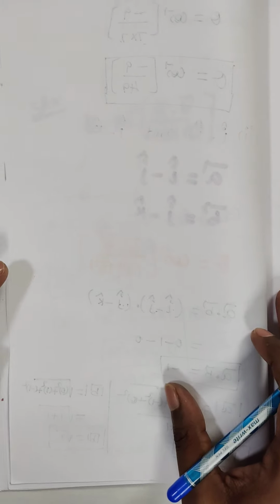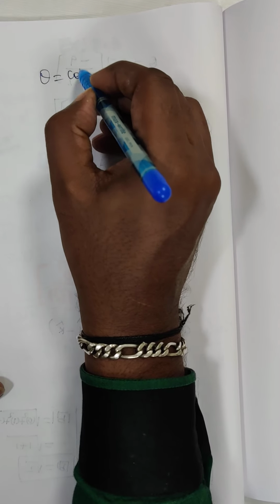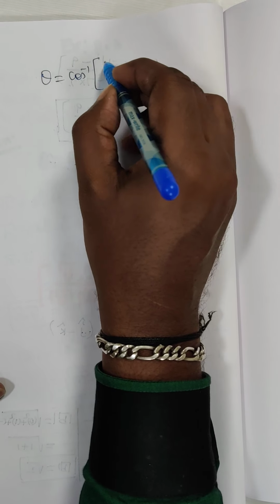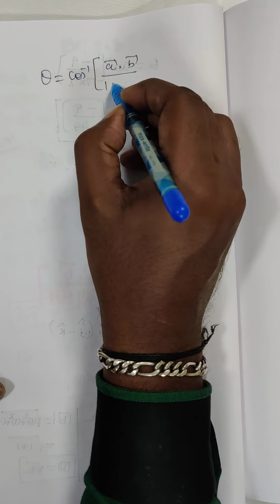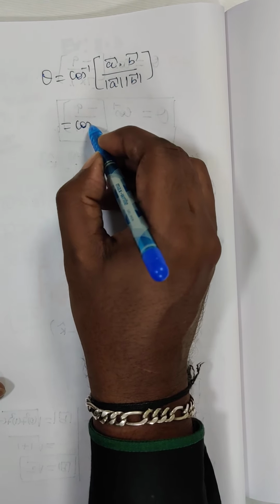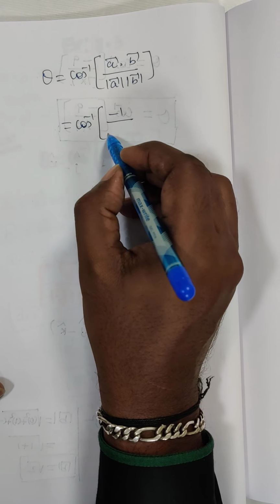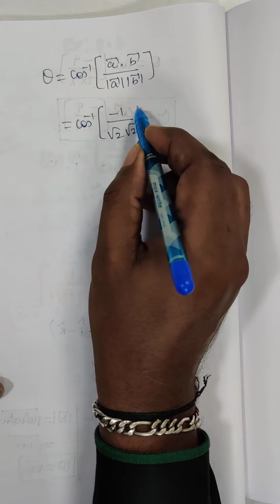So theta is equal to cos inverse of a vector dot b vector by modulus of a vector modulus of b vector. So it is equal to cos inverse of a dot b, which we already found is minus 1, modulus of a value root 2, modulus of b value root 2.